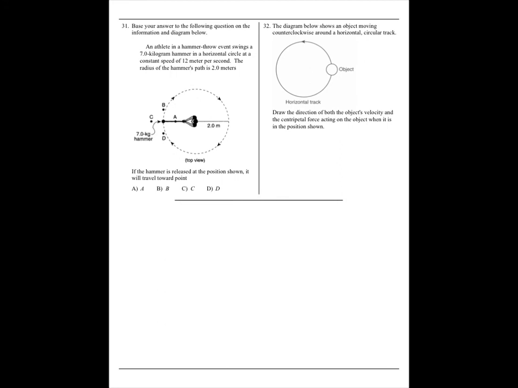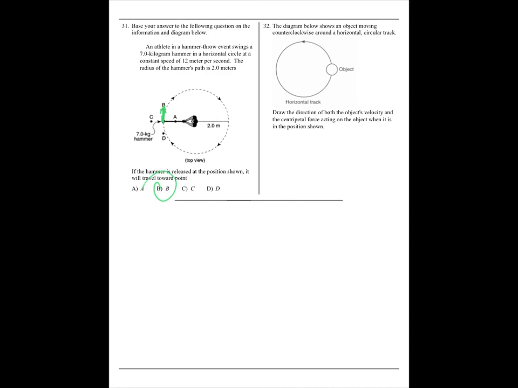It leaves the circle in a straight line, not following the curve of the circle. So at this point, it's going to move upward, towards point B. If the circle were traveling counterclockwise, it would go towards point D. So that's the velocity vector.